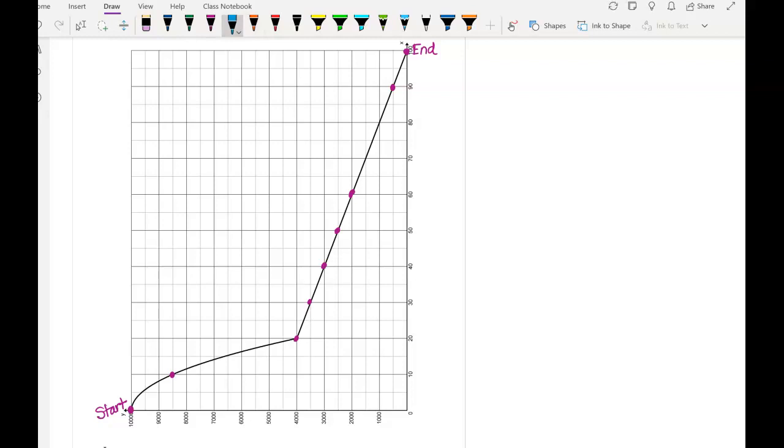If we look here at 20, we seem to change functions. So we have one function from 0 to 20, and then we have another function that goes from 20 to 100.